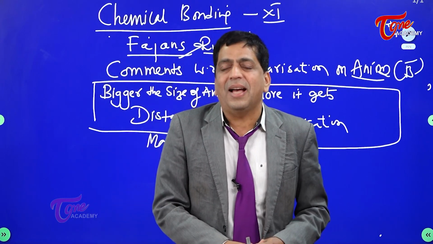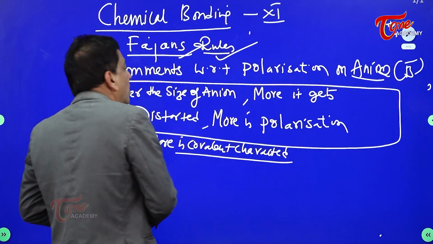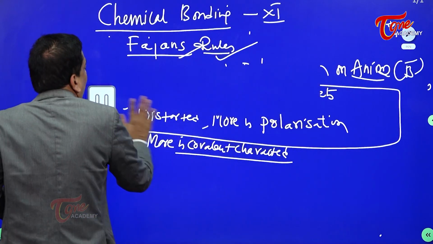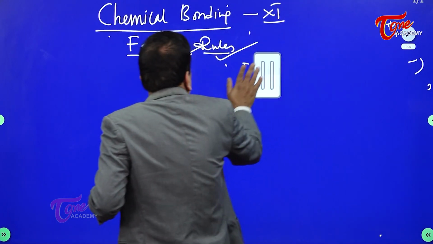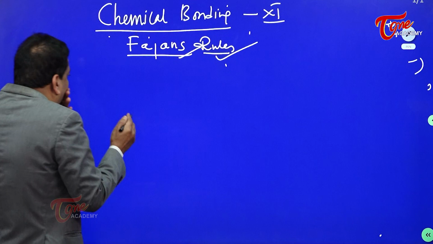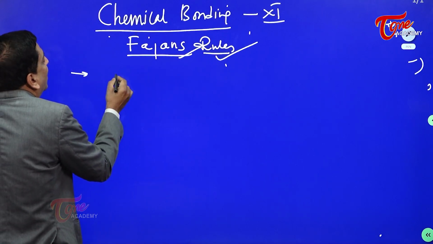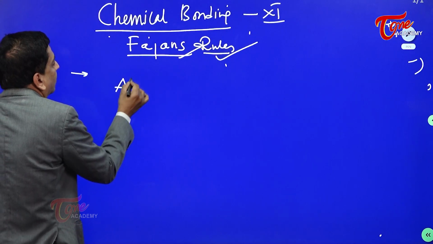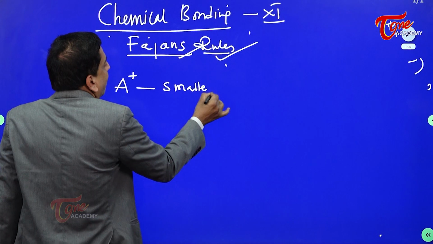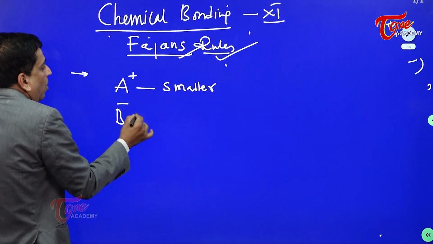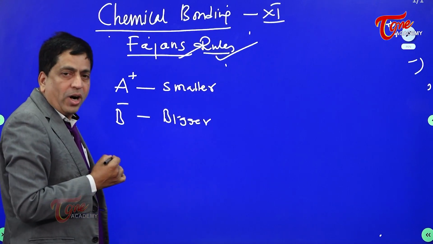So, if we sum up both the comments on the anions and the cations, it looks like this. According to Fajan, what he's asking us is, look at this. The cations must be smaller, the anions must be bigger, right?